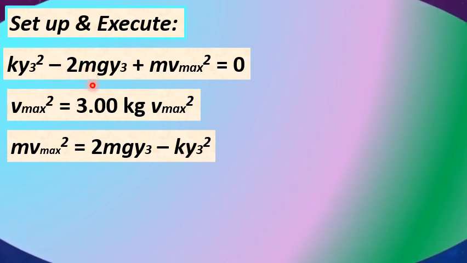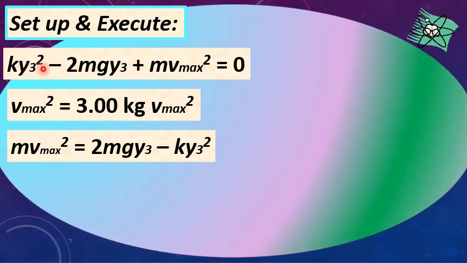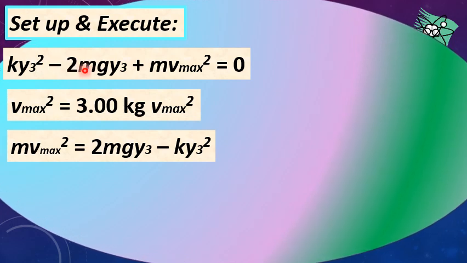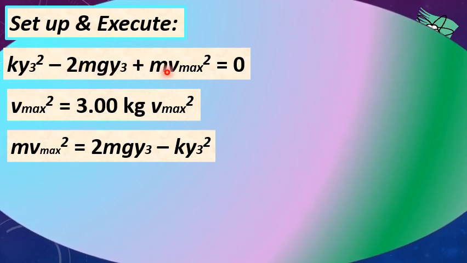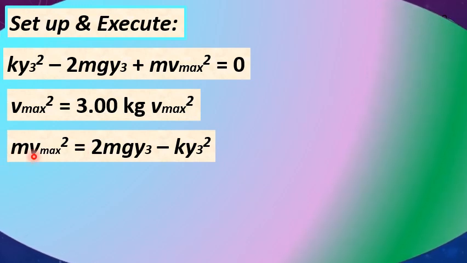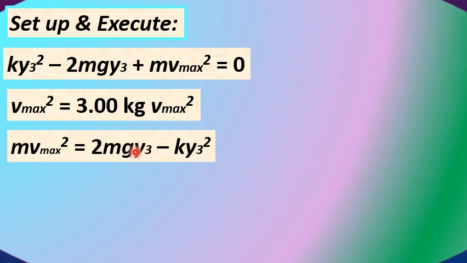In isolating m v max squared, we just transpose k y sub 3 squared and negative 2 mg y sub 3 to the right side of the equation. That's why we got m v max squared equals 2 mg y sub 3 minus k y sub 3 squared.